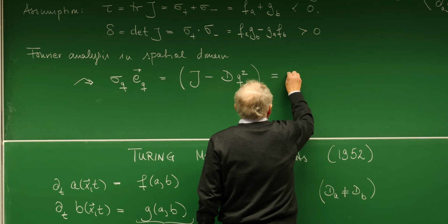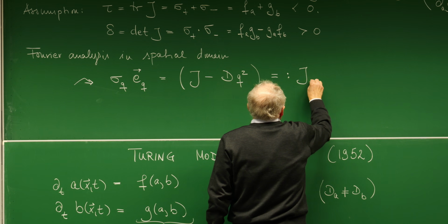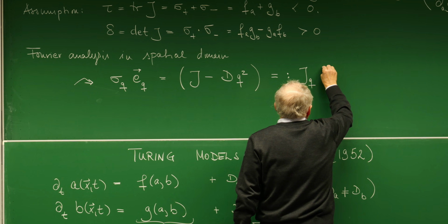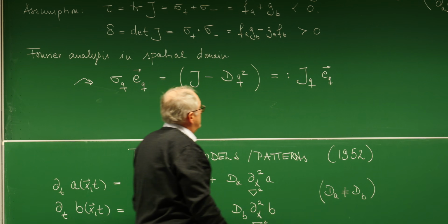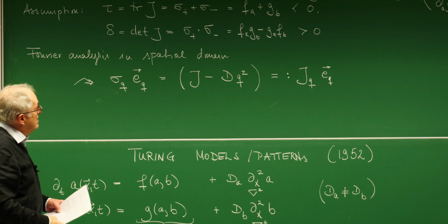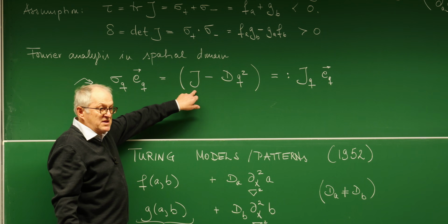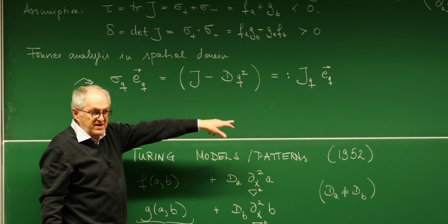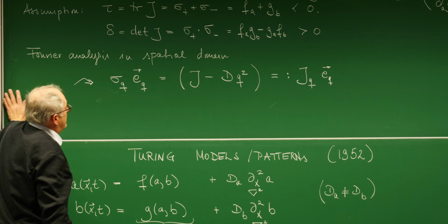And that I define as my new Jacobian. That's the modified Jacobian with respect to before. And all you do is you add to the diagonal element dA q squared and the lower diagonal element dB q squared.